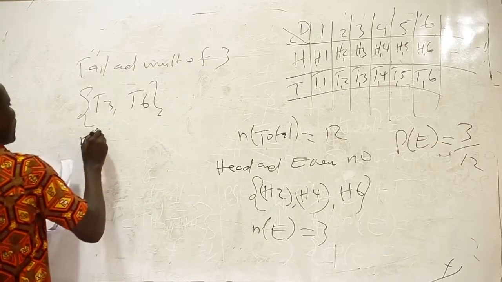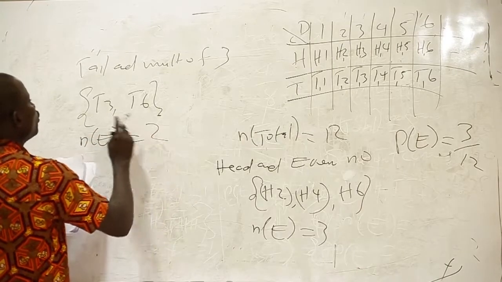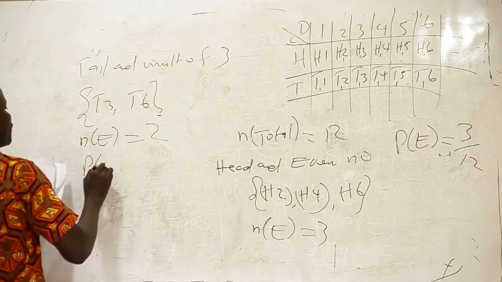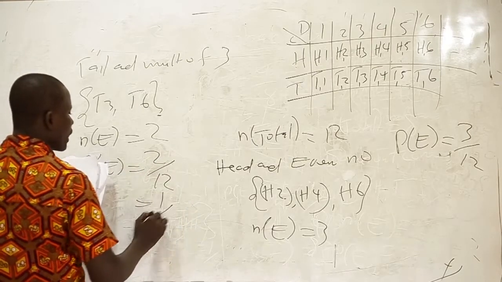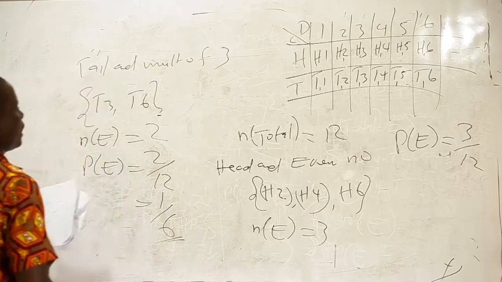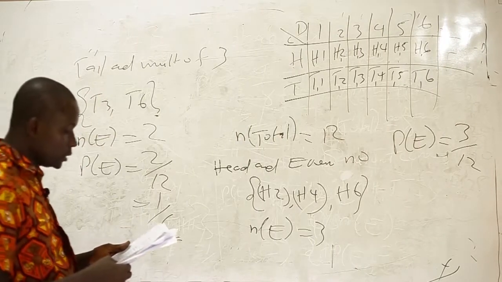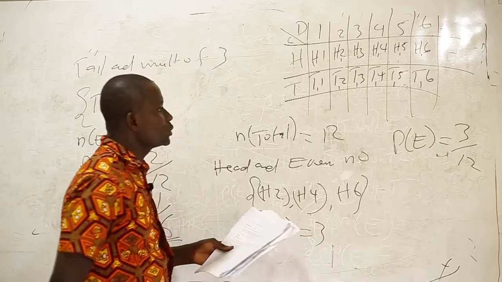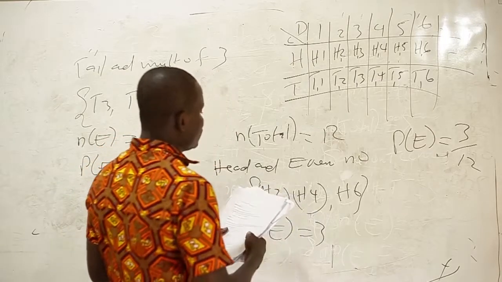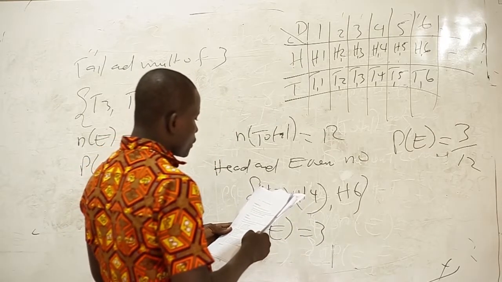Okay. So an event is going to be 2. So P event will be 2 over 12, which is 1 over 6, right? Okay. So that is what we have.